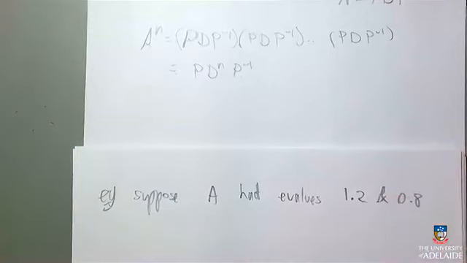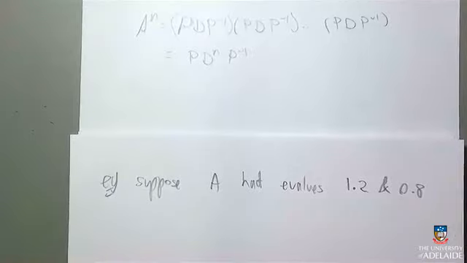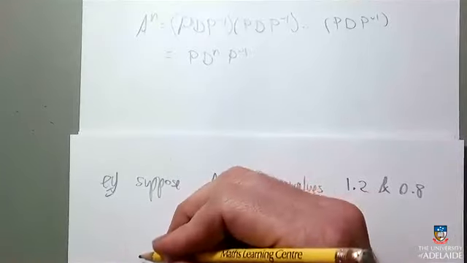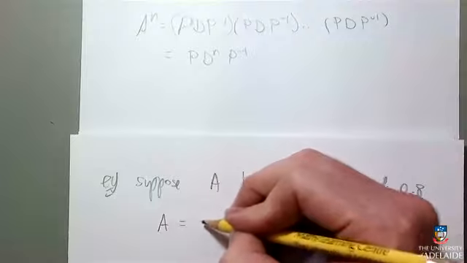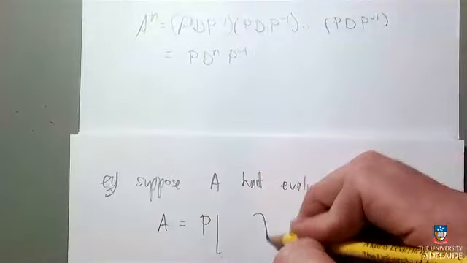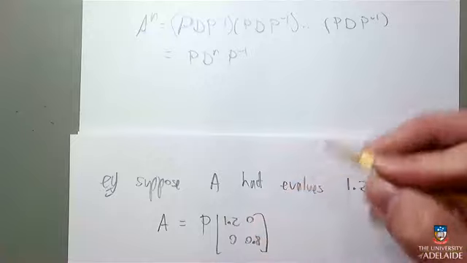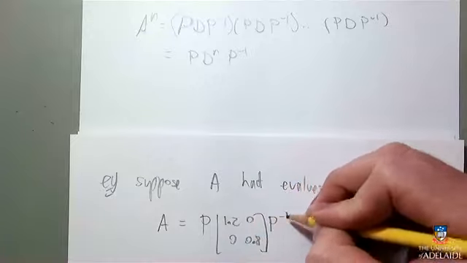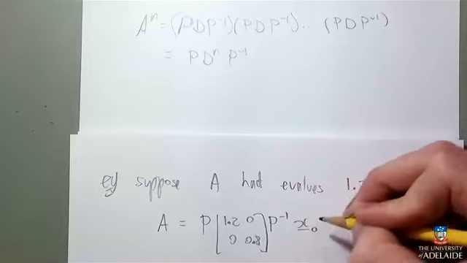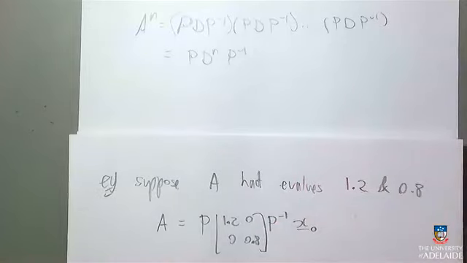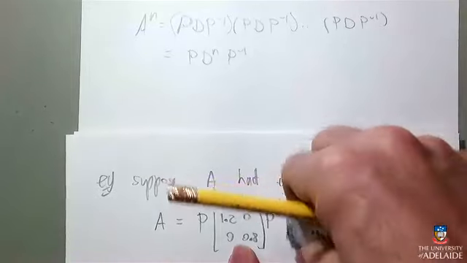Sure, that'll do. Then what I'm going to get is that A is equal to P, D, P inverse, like that. Beautiful. No, there is no 0.